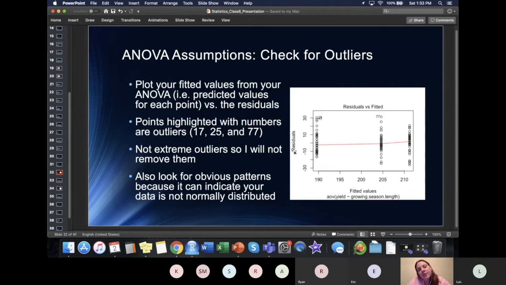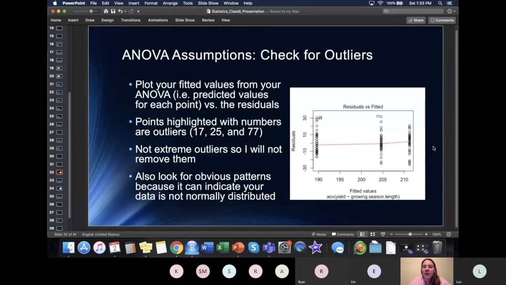So we have our error value over here, our residuals. We are seeing 3 of them labeled with numbers. These are outliers by definition. However, when I'm looking at this, 77 would be a judgment call, but they seem to be pretty close to the rest of my group. So I'm not going to remove them in this case.